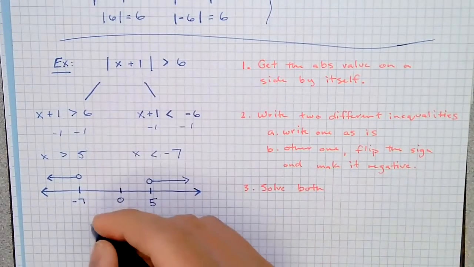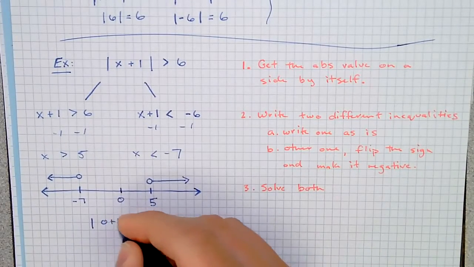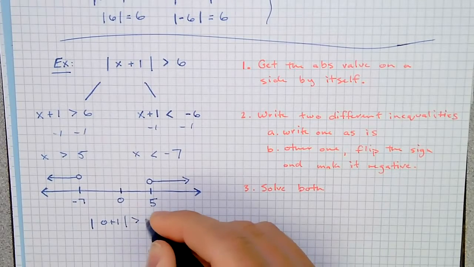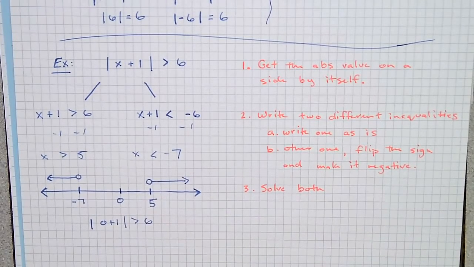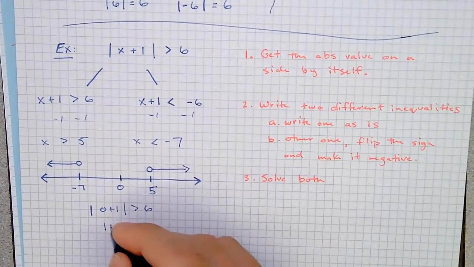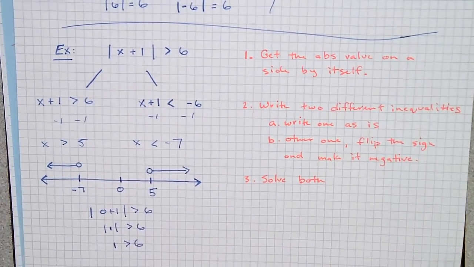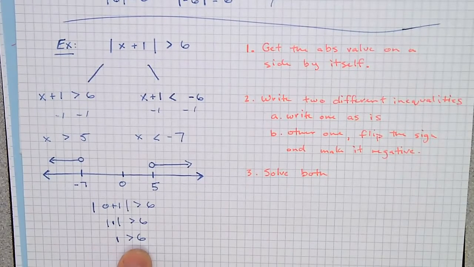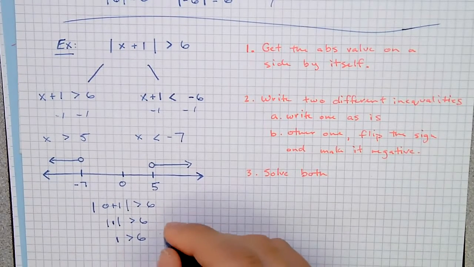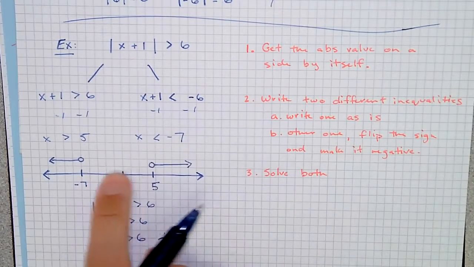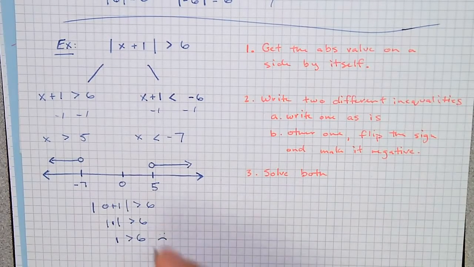So if we plugged in 0, we get the absolute value of 0 plus 1 is greater than 6, which is the absolute value of 1. We end up with 1 is greater than 6. Is 1 greater than 6? It is not. So 0 should not be in the shaded region, which it's not.